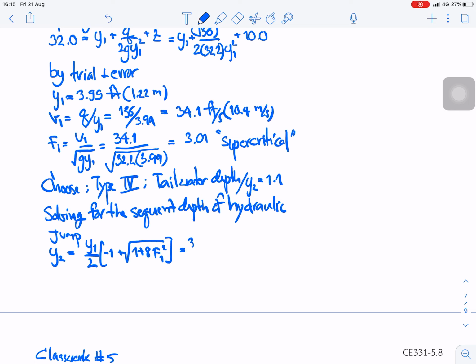We substitute y1 3.99, and we can estimate y2 is equal to 15.1 feet.